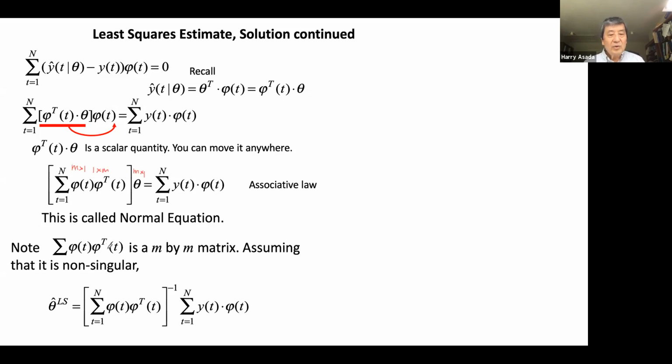Let's assume when we take a summation, this one to be non-singular. Then we can directly solve this one for theta. So, this phi phi transpose summation inverse times the right-hand side yt times phi t. This is the solution to the least square.